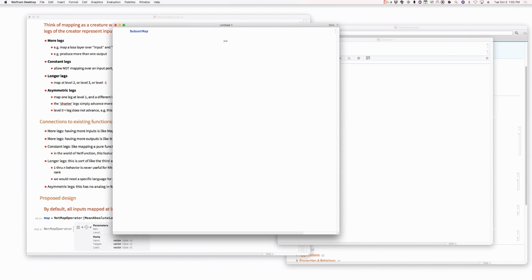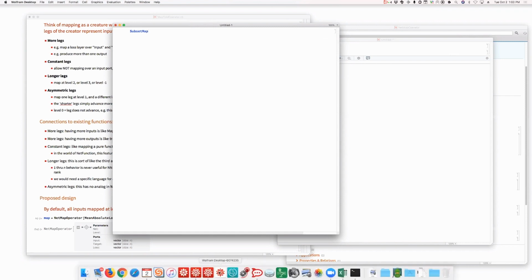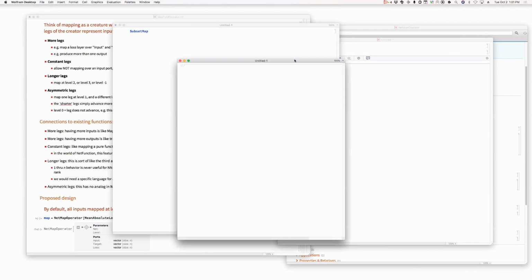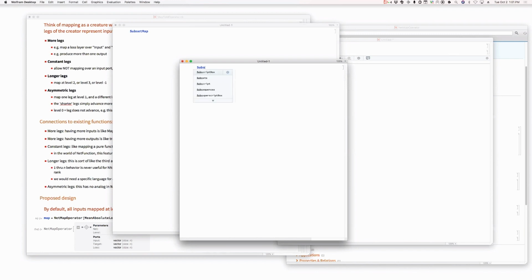Oh, don't tell me it isn't in there. Maybe it's in the prototype build. Yes, and there is a documentation page for that, at least in a futurized one. Okay. All right, so let's see if SubsetMap. Yes, SubsetMap is in there.